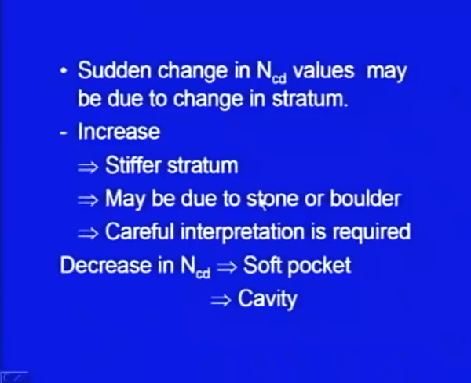For example, there may be a small stone or a boulder, and because of that the number of blows may be excessively large. So, you need careful interpretation when this kind of situation is met. But if there is a decrease in NCD, then that means there is a soft pocket. It may be a cavity also.